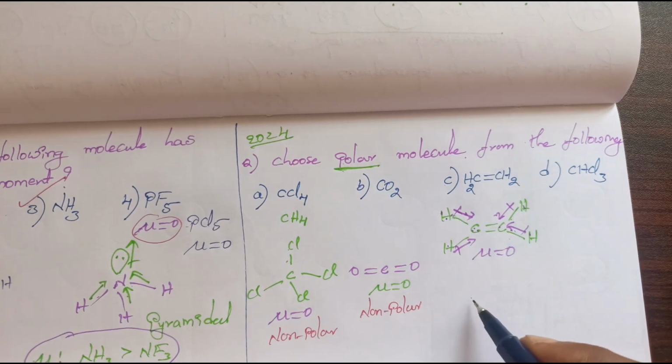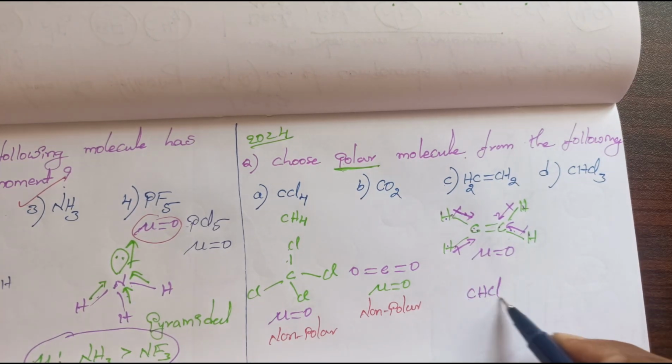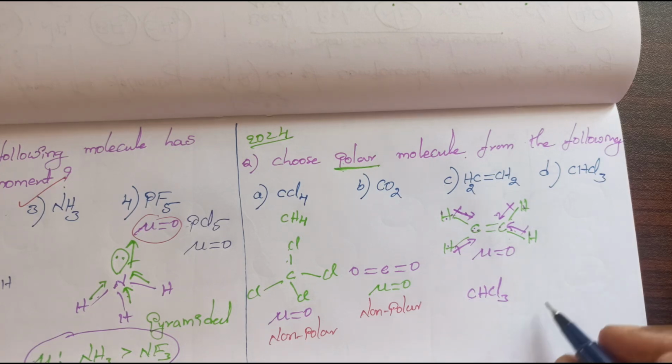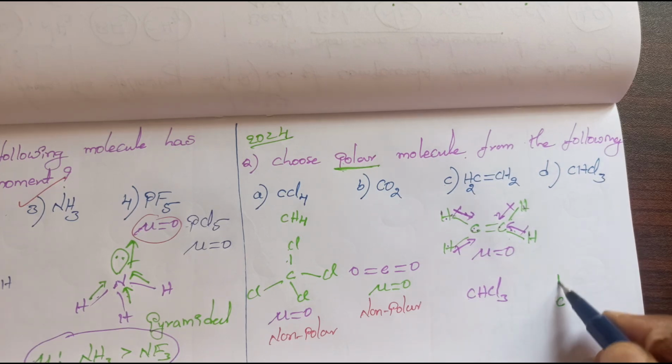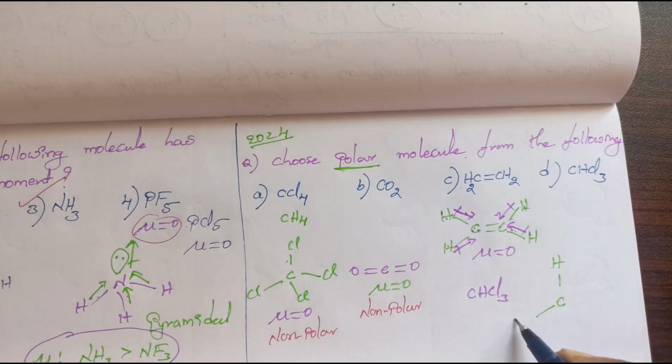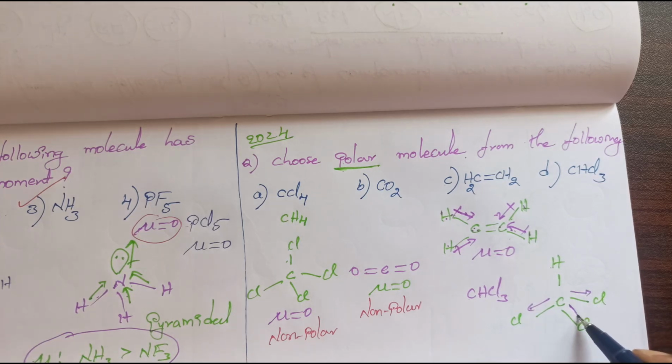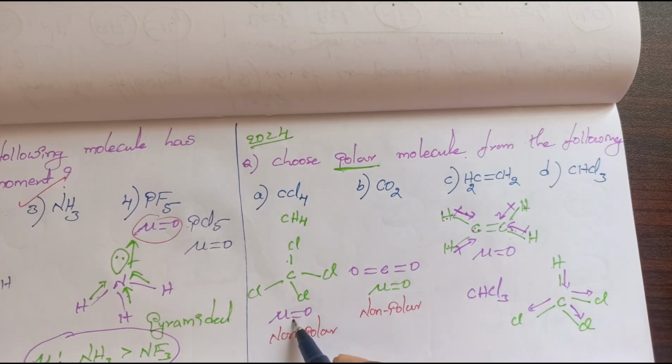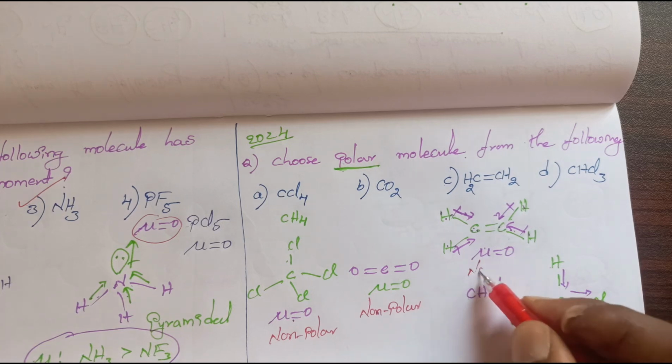The next molecule is CHCl3, chloroform. The chloroform structure is a tetrahedral arrangement, with chlorine, chlorine, chlorine, and the bonding electrons moving in these directions. Among the remaining cases, the others are non-polar.